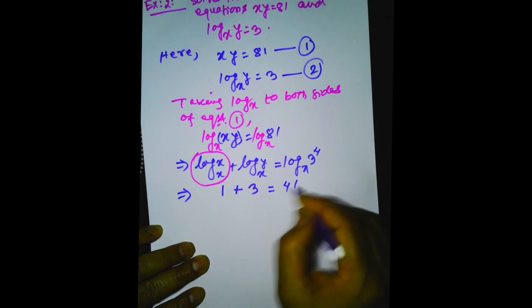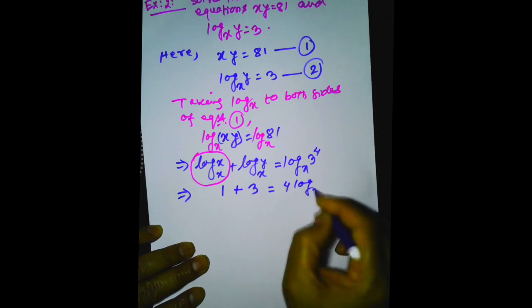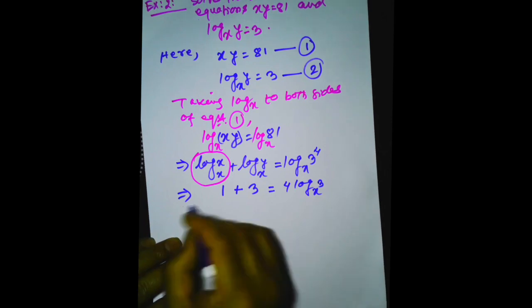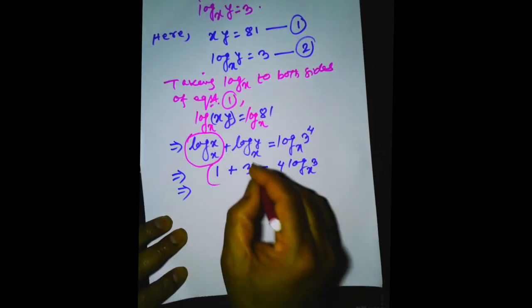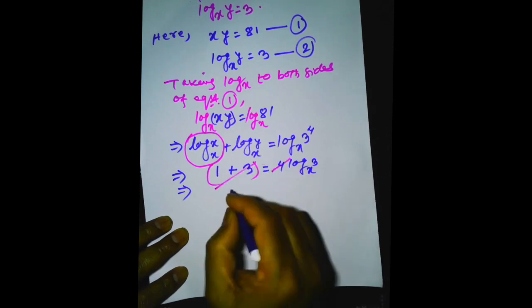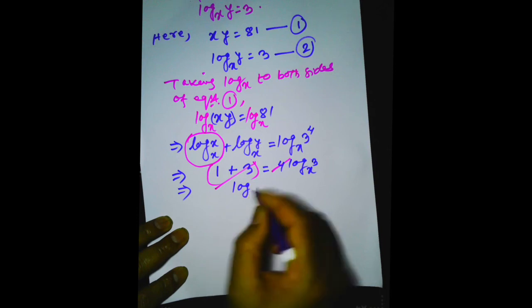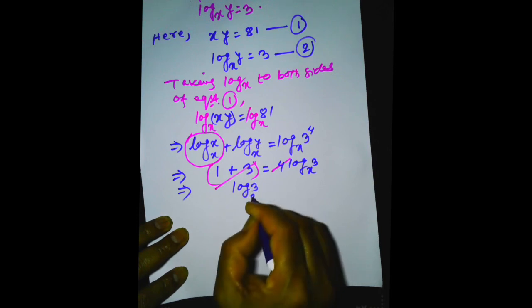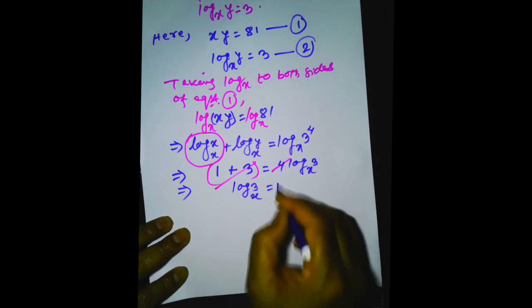So it is going to be 4 times log base x of 3. You can see in this case 1 plus 3 is 4, so 4 on both sides cancel out, and you are left with log of 3 to base x is 1.